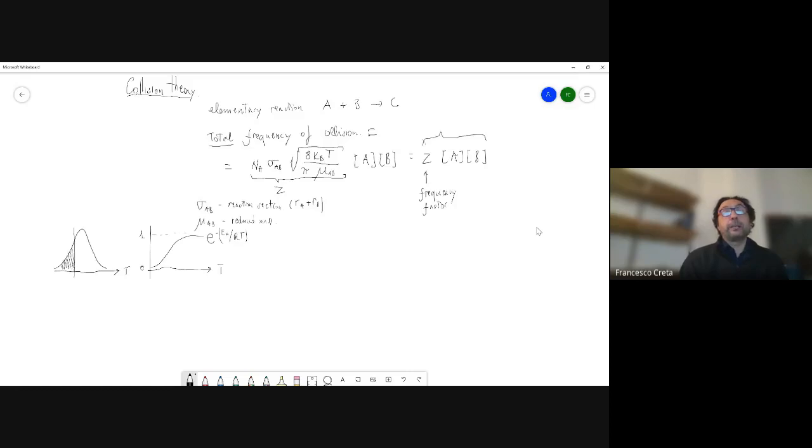So generally speaking, omega, you take the frequency factor and you multiply by this factor here. This is the so-called Arrhenius form of the reaction rate. And this is what we call reaction constant, K.